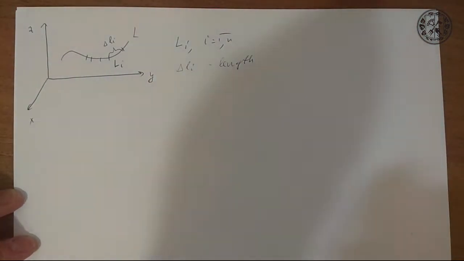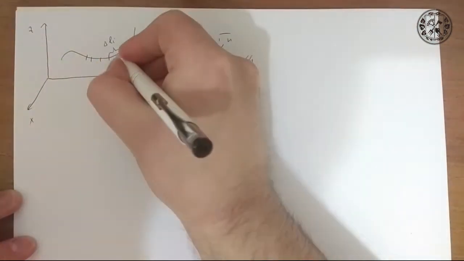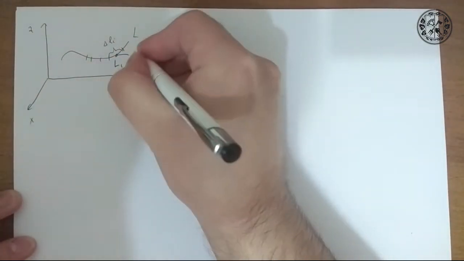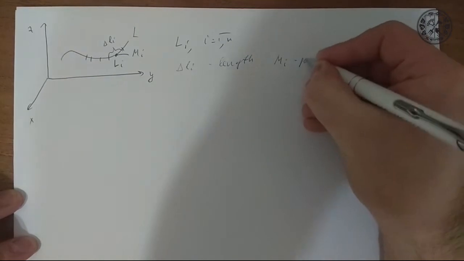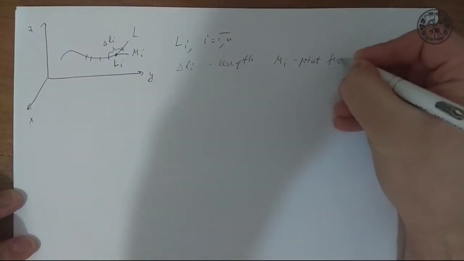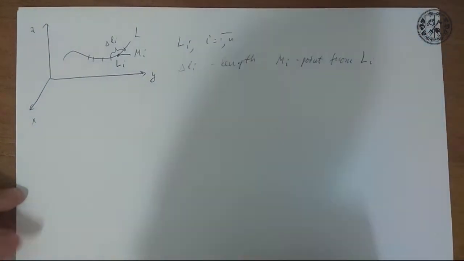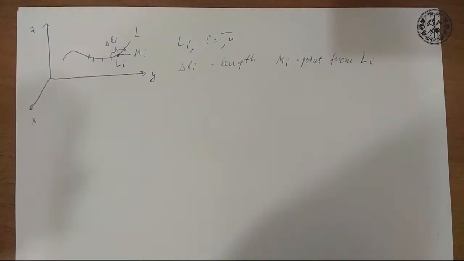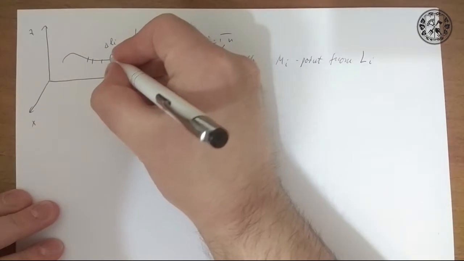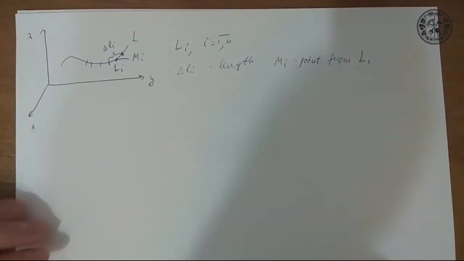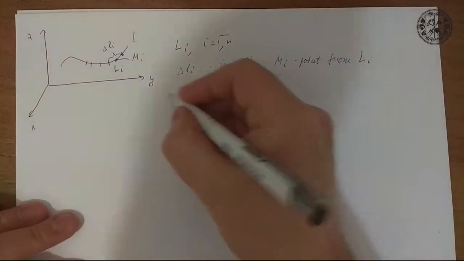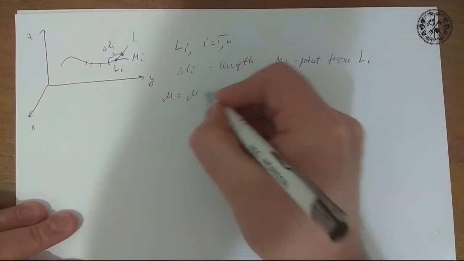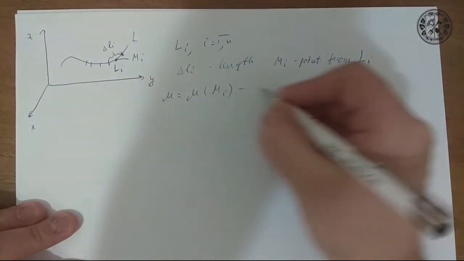And inside any Li, we put a point Mi. Now we assume that on this interval density is constant and is equal mu of Mi.